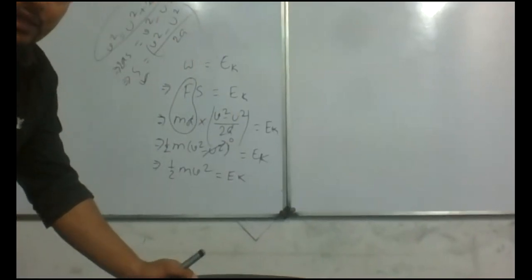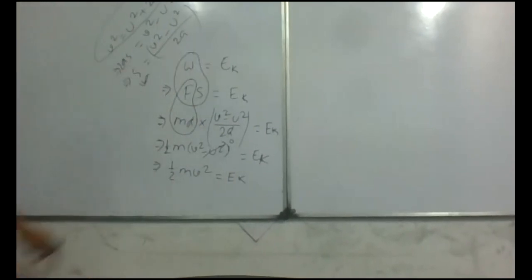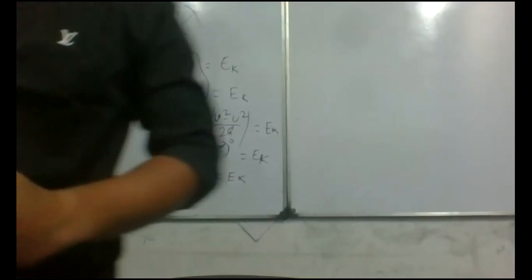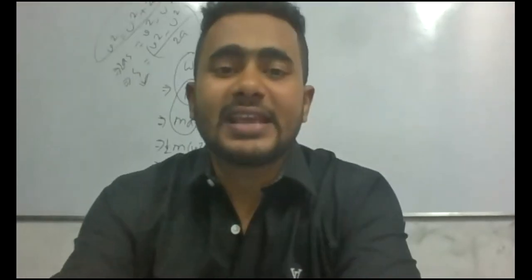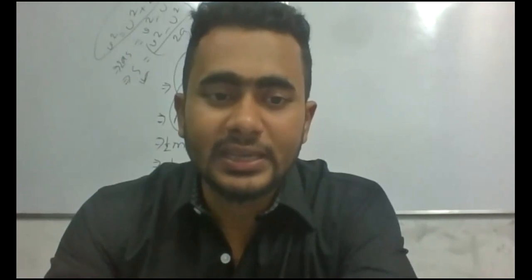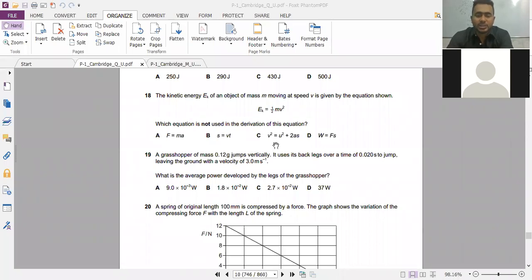Then we said W = Fs, এটা আমরা এখানে ইউজ করি। So we didn't use only one equation, which is s = vt, right? Yes, sir. So s = vt is thereby the only equation we haven't used.